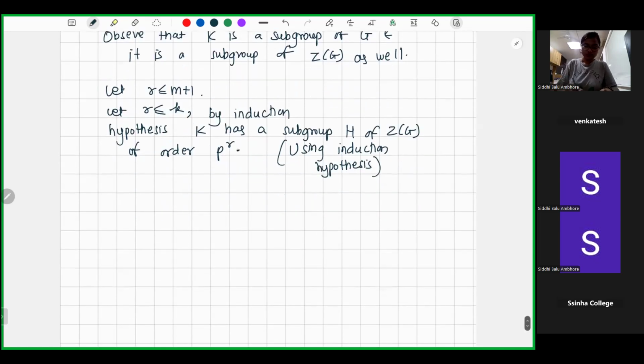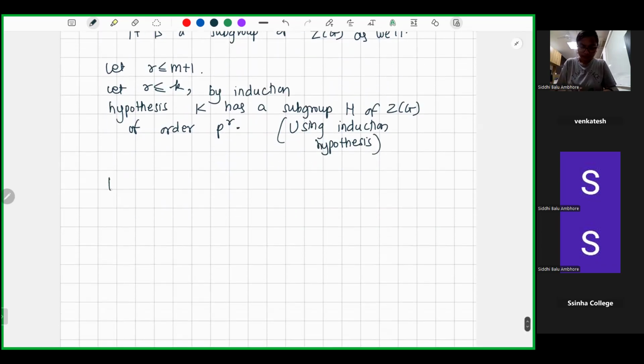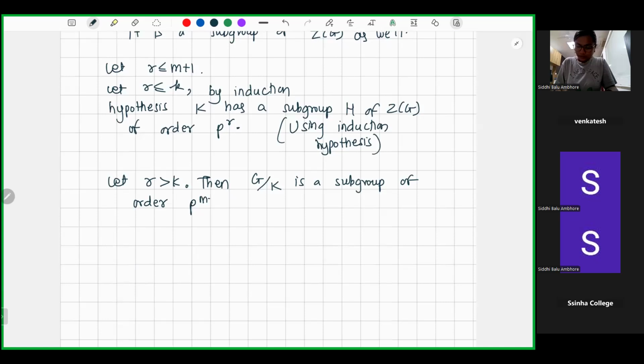Okay, and now let r be strictly greater than k. In that case, G quotiented by this K is a group of order p^(m+1-k), right?